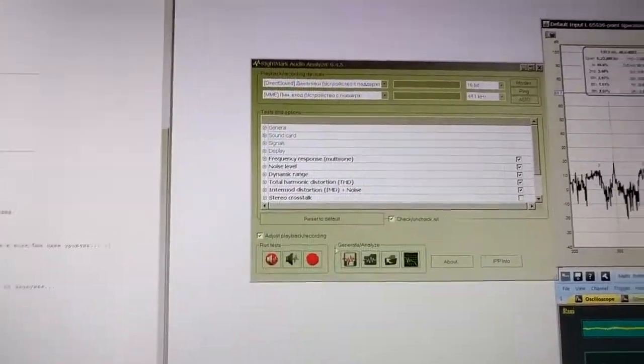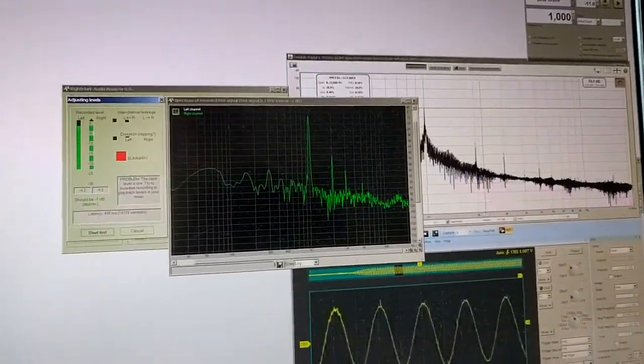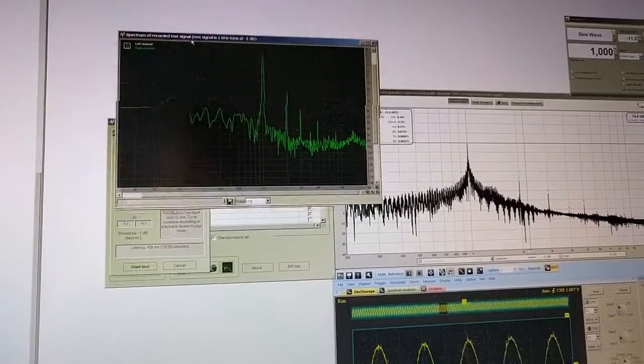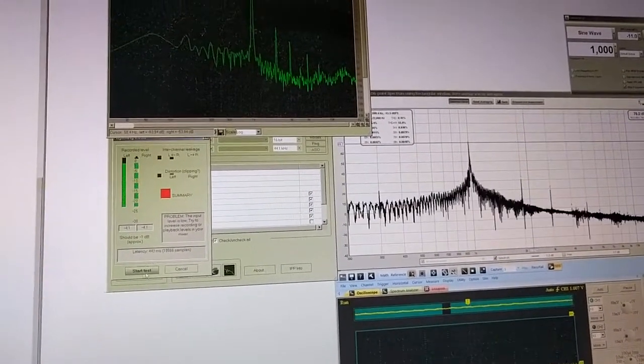So I have the software here. So press this button. Start test.